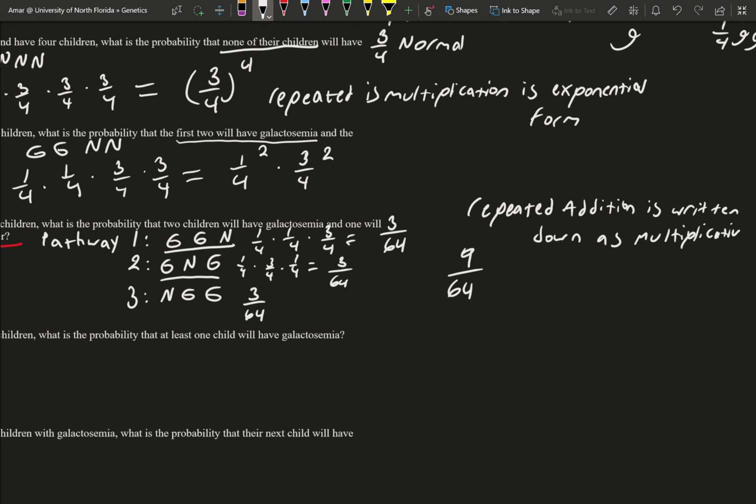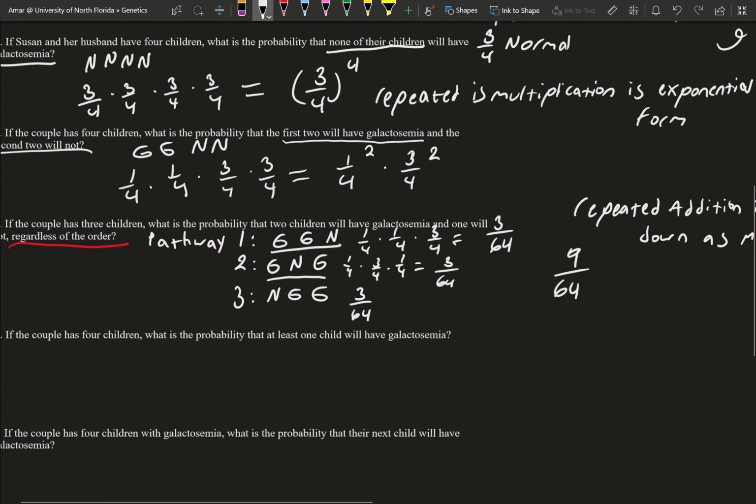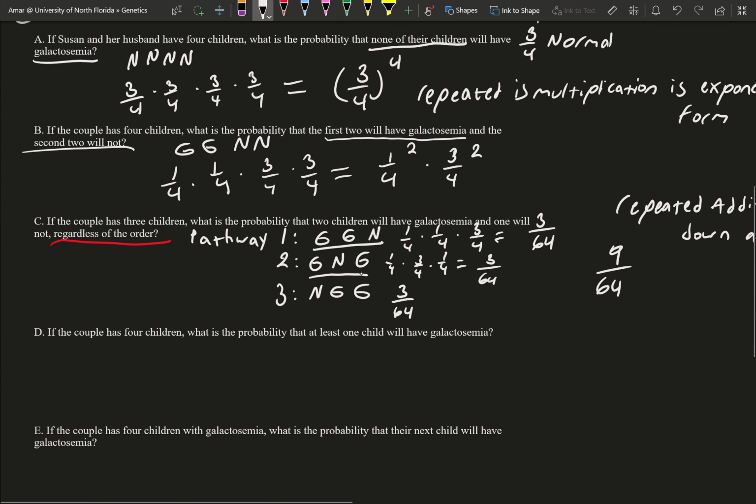So the other way you can write this down is basically 3 over 64 times 3, because you're adding it 3 different times together.